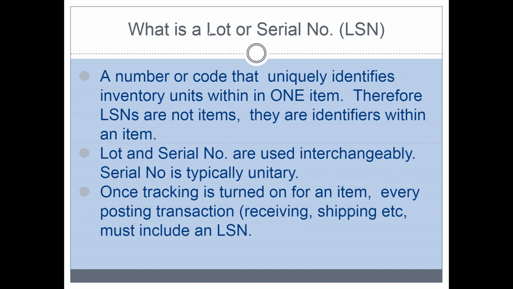In the system, once an item is tracked as lot or serial numbered, then anytime you receive it, adjust it, ship it, use it on a work order or generate a work order, on posting transactions, you have to introduce a lot or serial number to affect the quantity. You cannot exclude it. There's no way of doing that.